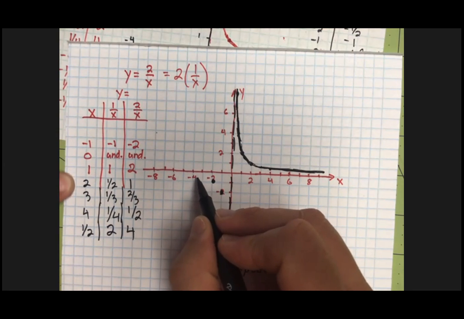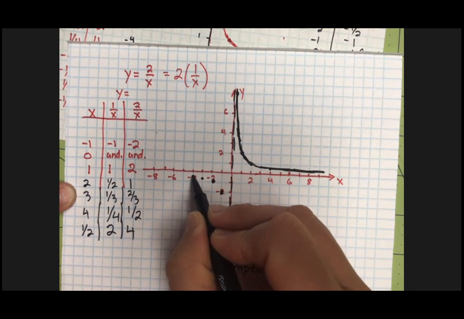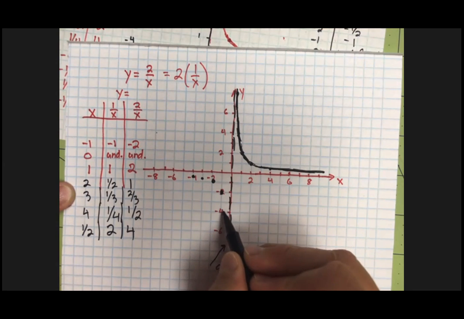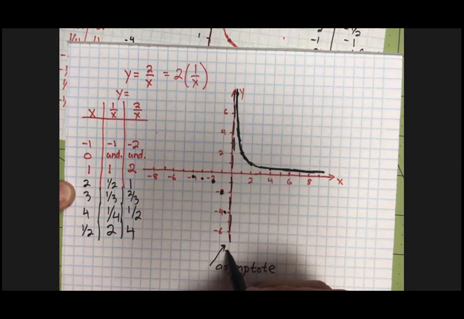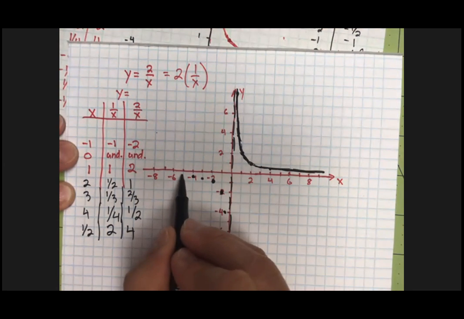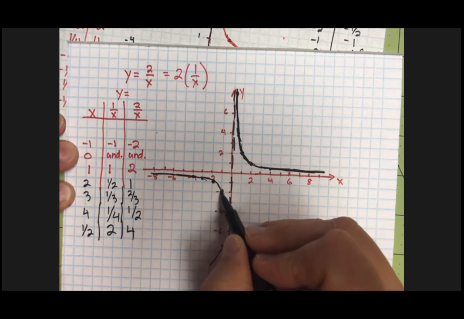That's kind of a nice problem in that sense. At negative 1/2 I get negative 4. At negative 1/4 I get negative 8. And I'll get the exact same points, the mirror image of them below the x-axis.